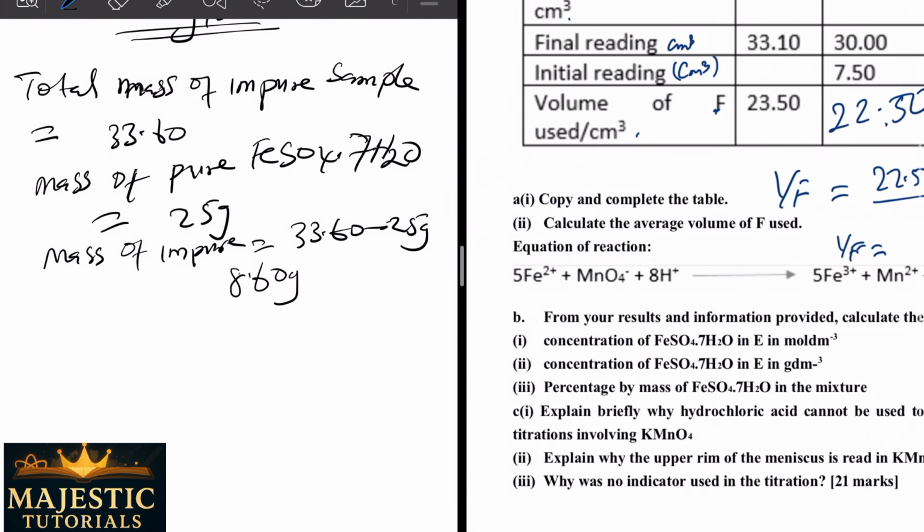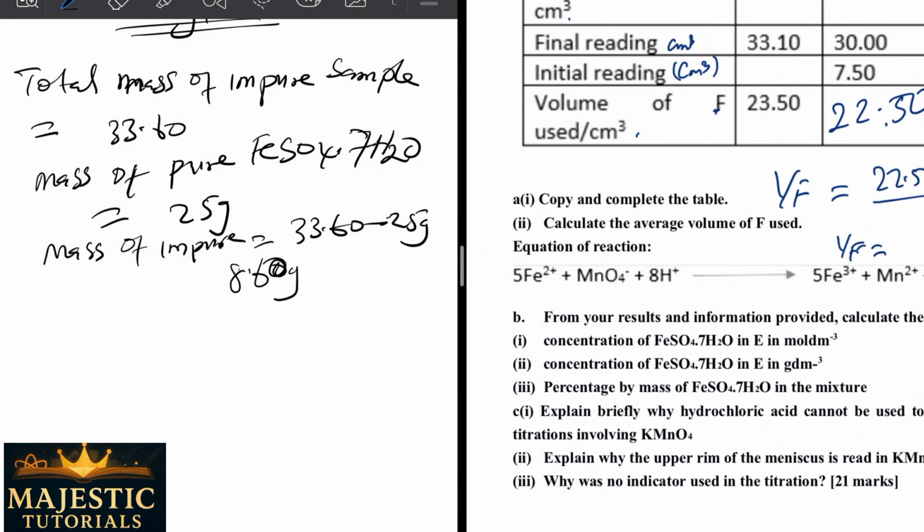Then looking at the percentage by mass, although we don't even need to solve for this impurity, I just solved it in case for teaching, because the question demands we just find the percentage by mass.